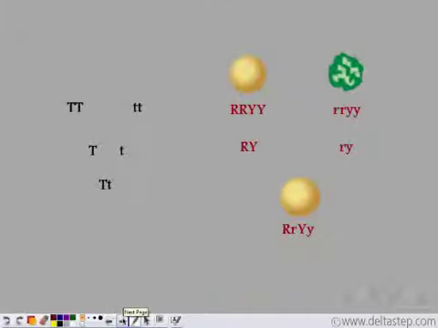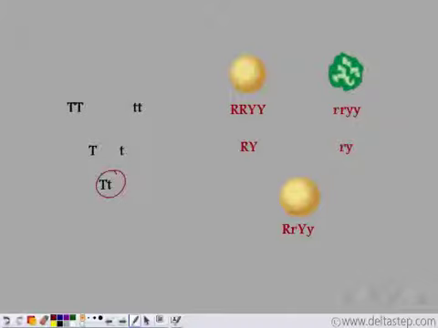Now just like in the monohybrid cross, reproductive cells get halved and then they form the next generation with a mixed genotype. Similarly, the reproductive cells have half the number of chromosomes: capital R, capital Y, and small r, small y.